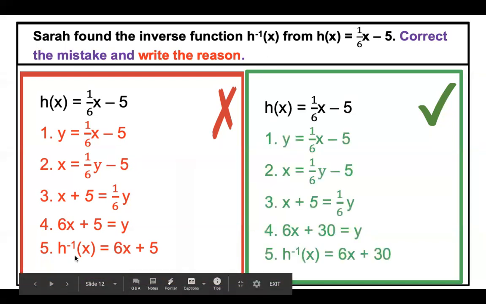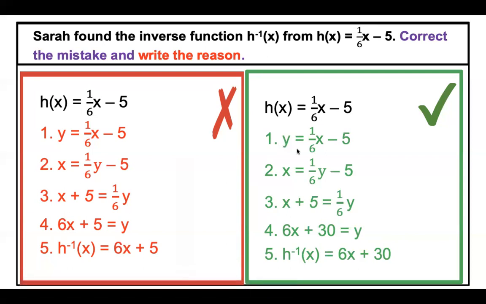Now you can compare with the answer. Can you see what the error was? The first step was okay, right? In the second step, she switched x and y. Very good. Now move the 5 over here because the minus becomes plus.